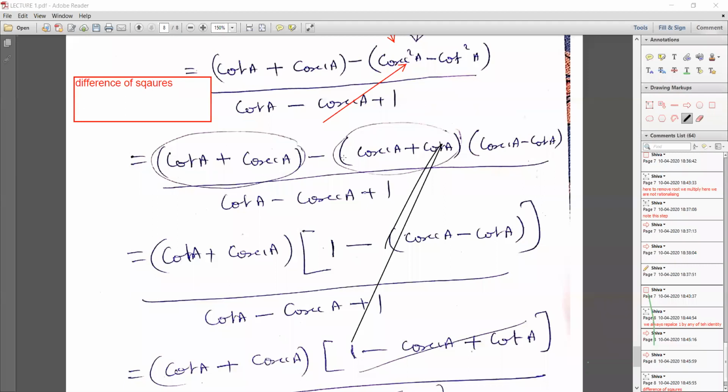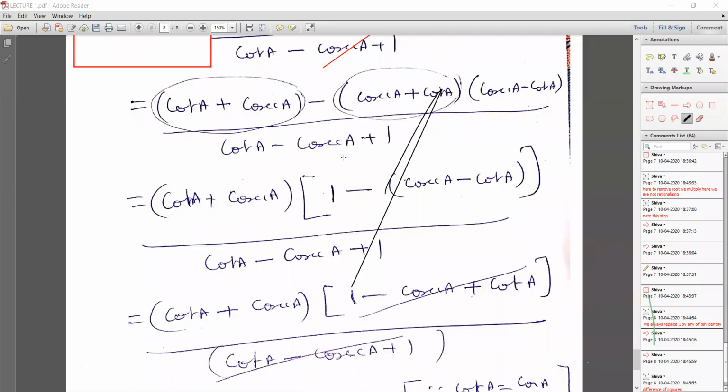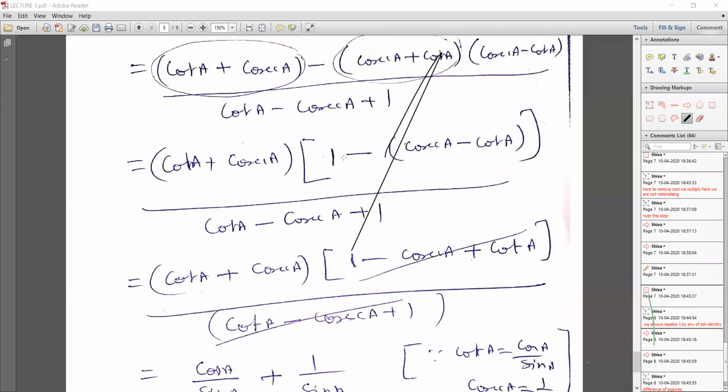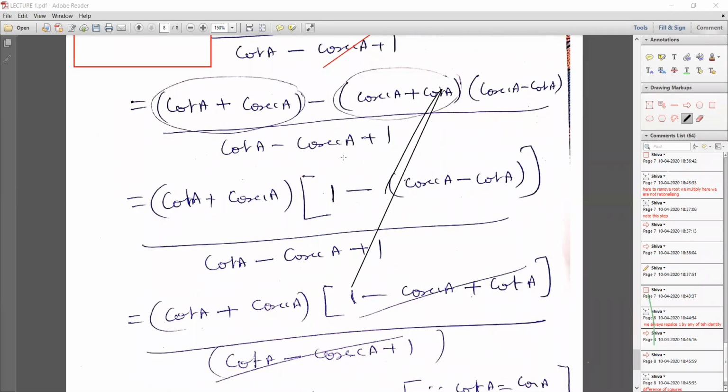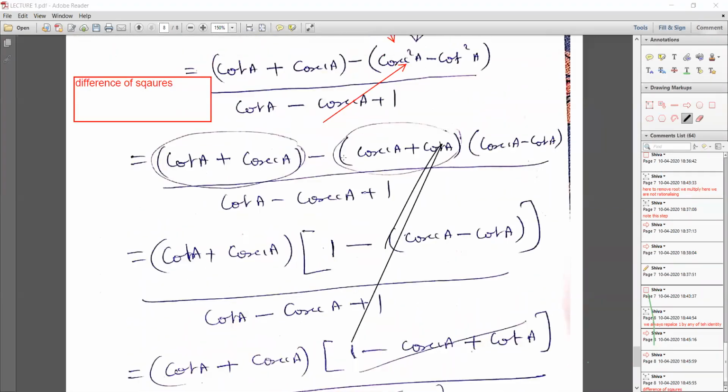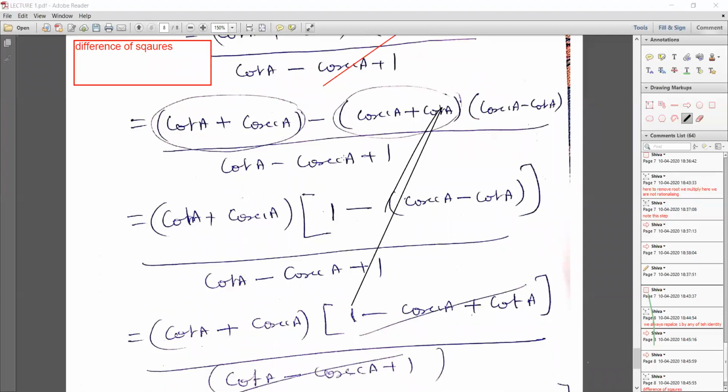In the numerator, if you see carefully, cot A plus cos A is common. The first term is cot A plus cos A, and the second part is cosec A plus cot A into cosec A minus cot A.